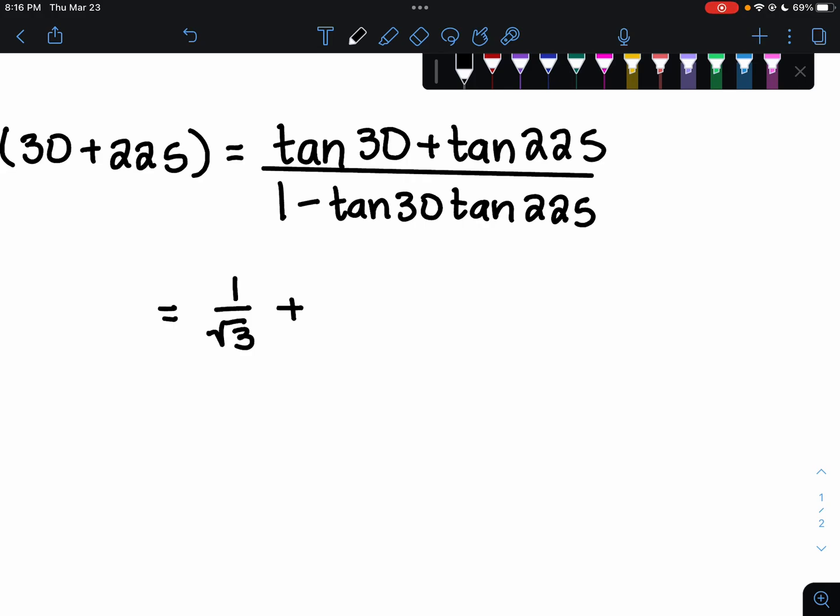So the square root of 2 over the square root of 2 is just 1. And because it's in the third quadrant, tangent is actually positive. The nice thing about tangent is that because we already did the top, we know the bottom is going to be 1 minus 1 over rad 3 times 1.